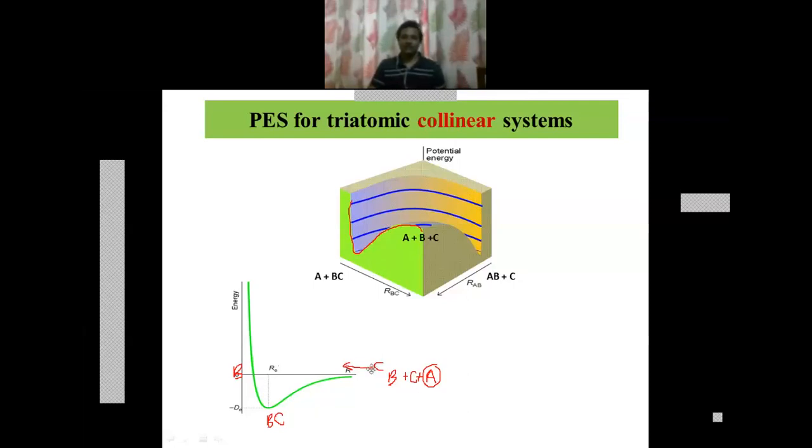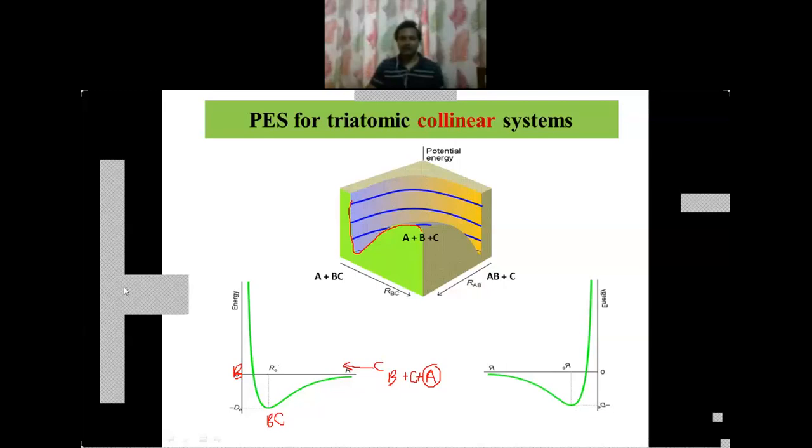Exactly in the same notion, if you look at the products, I've just flipped it around to show you this. Now here is similar to this, but this is actually for the AB molecule, right?